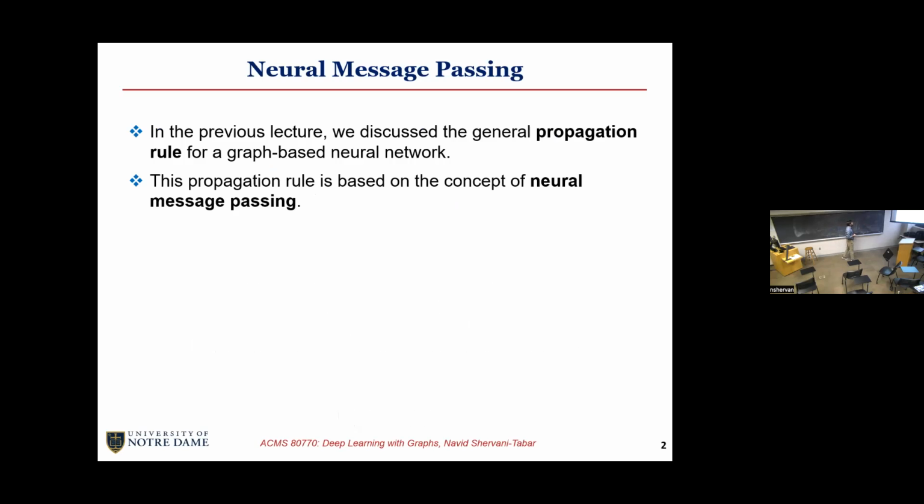Then we wanted to use a concept called neural message passing in order to propagate these features over the graph. We wanted to propagate it forward to get some final node embeddings, and then we can use those node embeddings for performing different tasks on graphs.